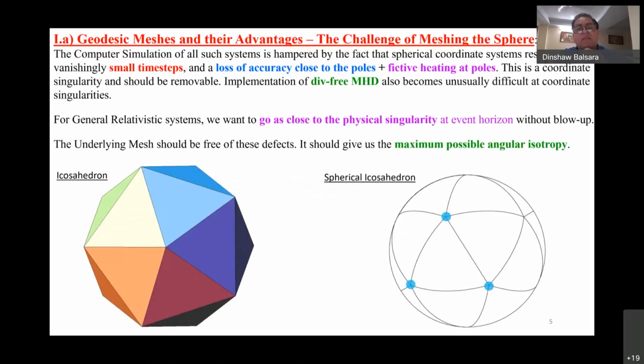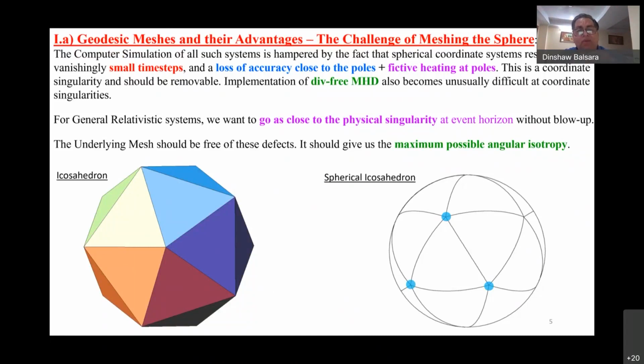We've already seen that meshing the sphere with spherical coordinates has a lot of difficulties, namely small time steps, loss of accuracy, and worse yet, fictitious heating of the poles and divergence buildup in the magnetic fields. We would like to get past this.